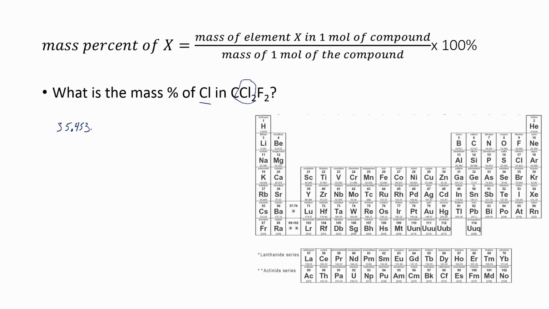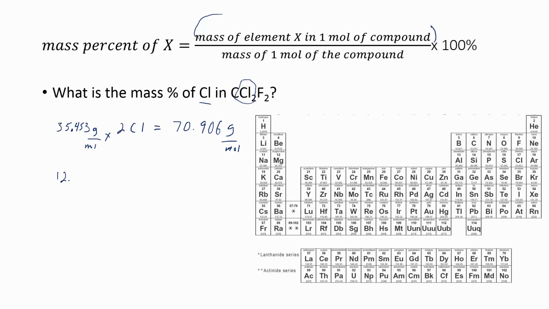We have to account for the fact that there are two of them, and that will be the mass of element X in 1 mole of the compound. That's the top part. So 35.453 times 2 gives us 70.906 grams per mole.